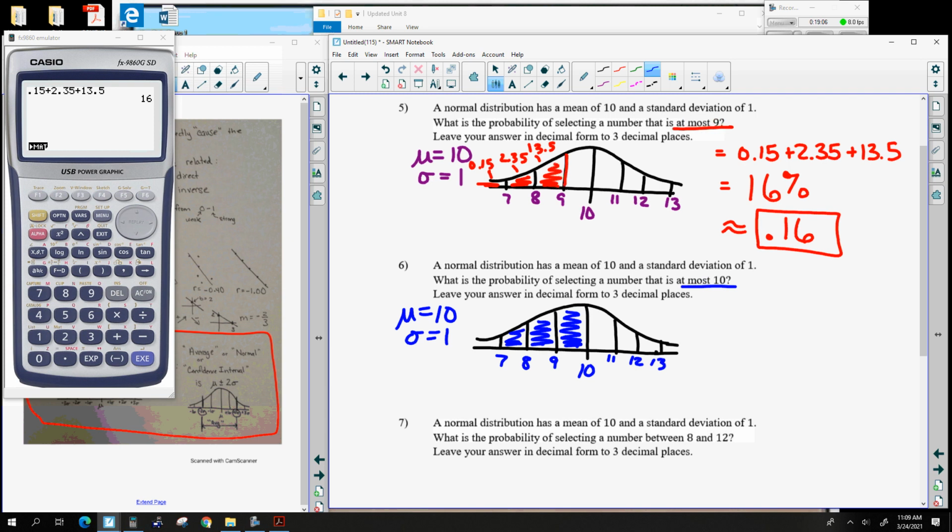So 10 is the most, at most 10. So that's going to be 34, 13.5, 2.35, and 0.15. That comes out to be 50%, or 0.5.